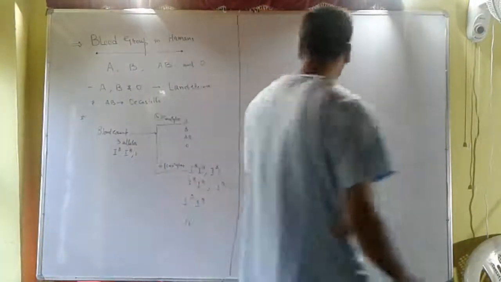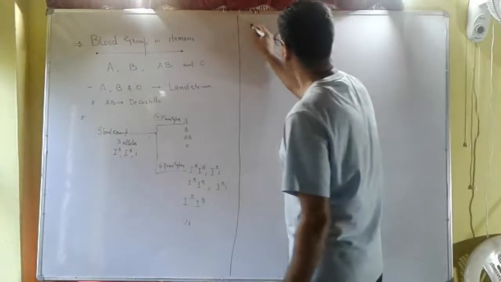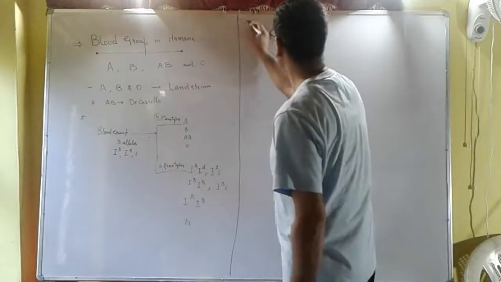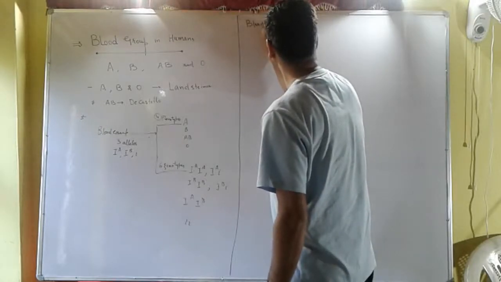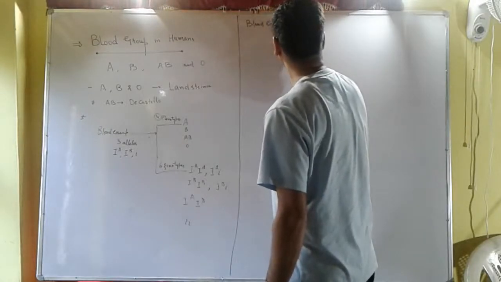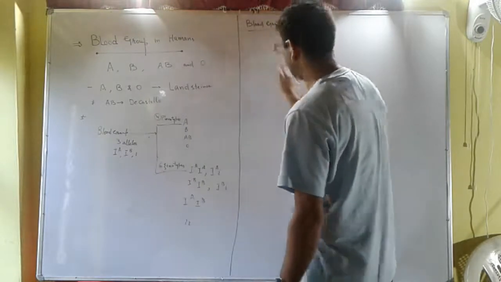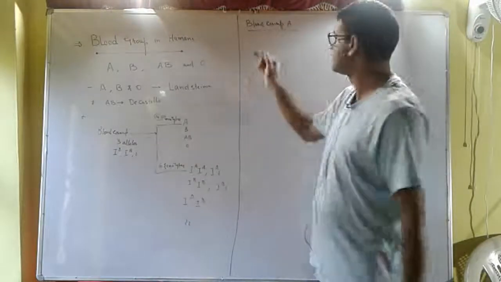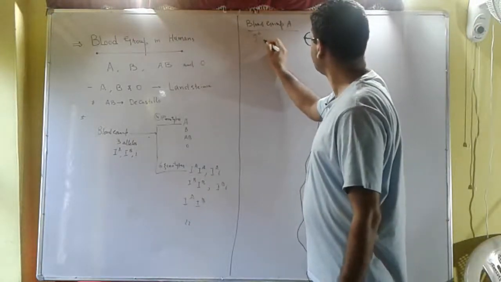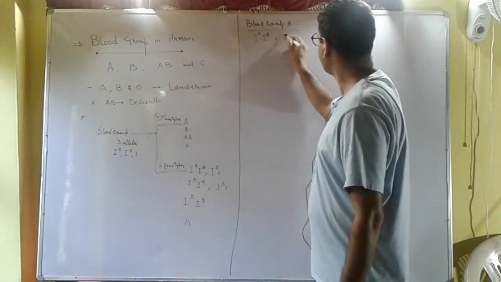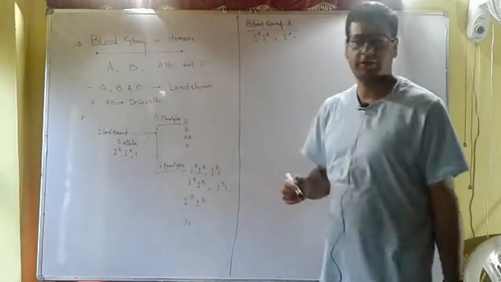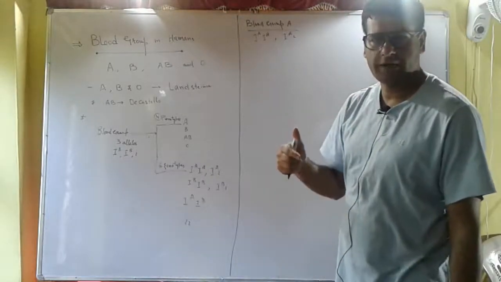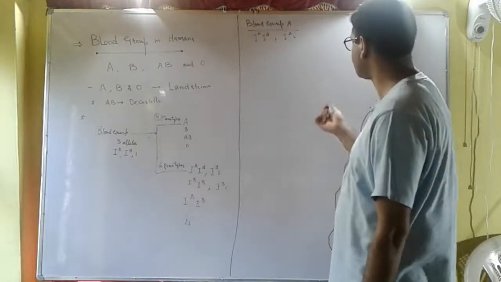Regarding blood group A as a phenotype, it is controlled by genotype IA IA or IA small i, because small i is recessive to both capital IA as well as capital IB.